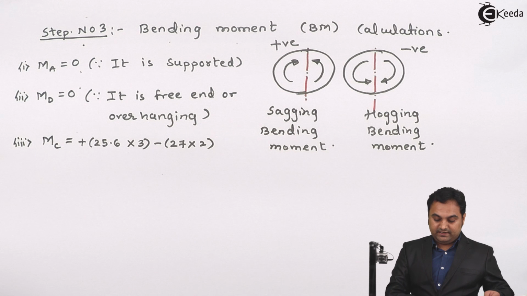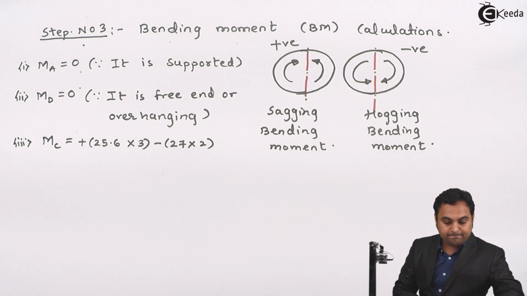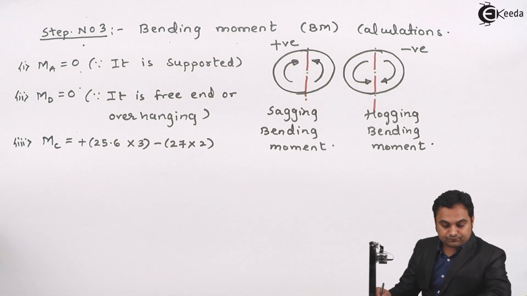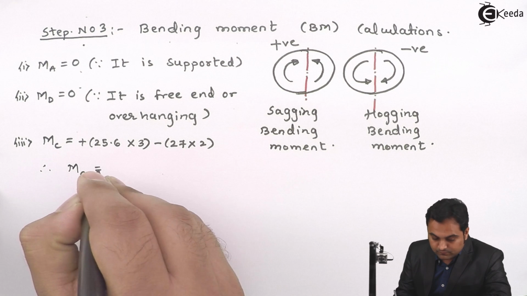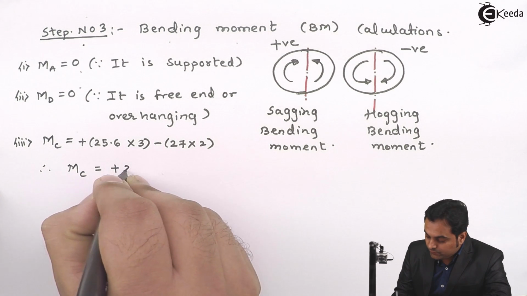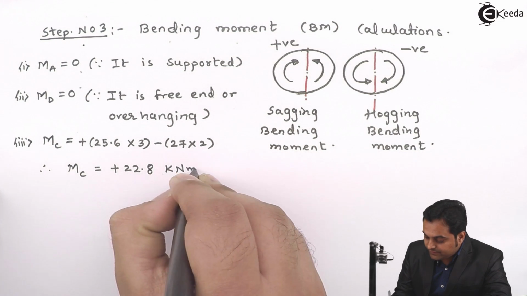So from this I get the value of moment at C as plus 22.8 kilonewton meter.